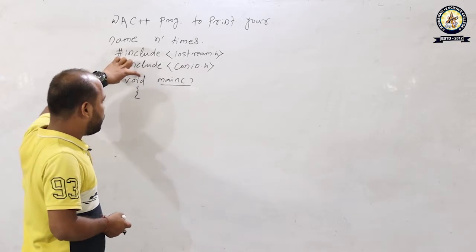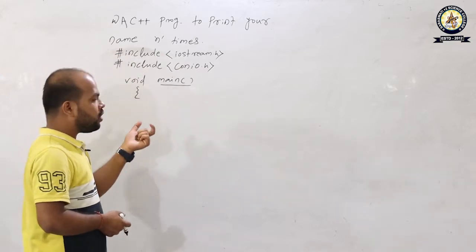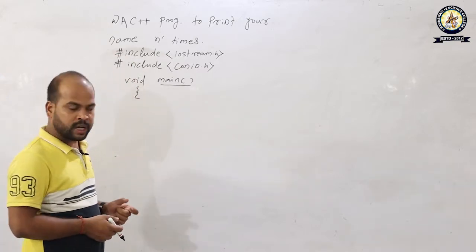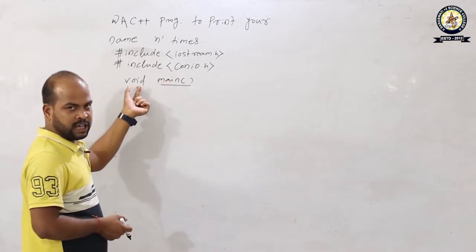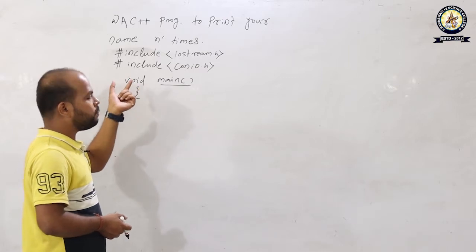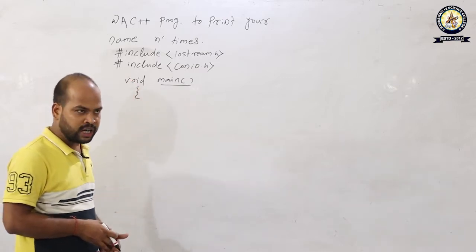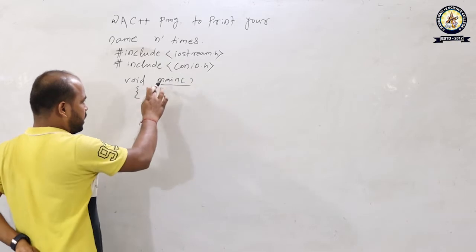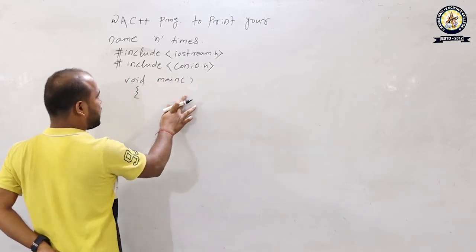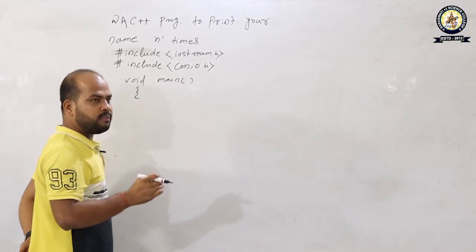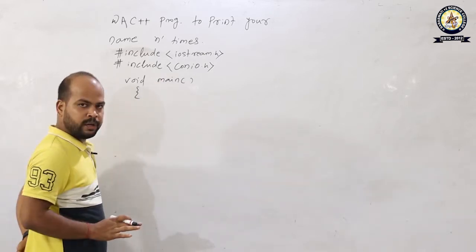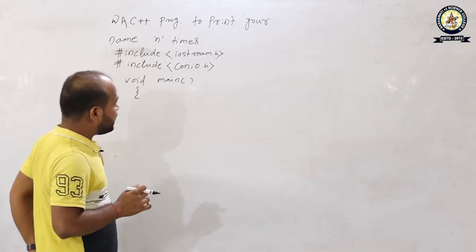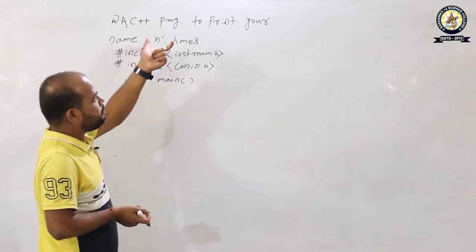Then void. What is void? Void is the default return type. Each function should have a return type. Here I mentioned void, that means default return type. And one more thing is that our program execution starts from the main function. Okay, next we will see our program.